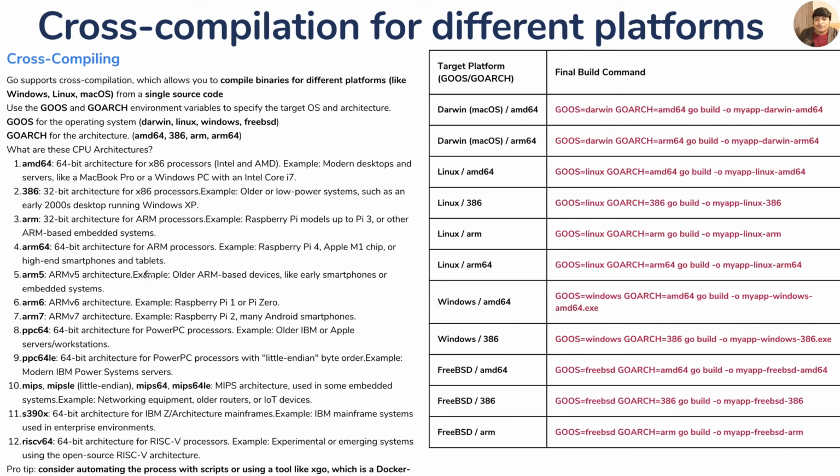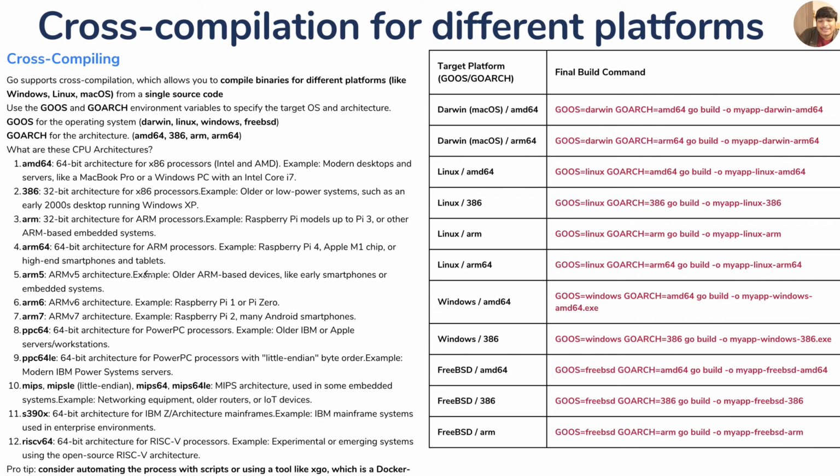Go supports cross compilation, which allows you to compile binaries for different platforms like Windows, Linux, macOS from a single source code. We use two environment variables. The first one is GOOS, the Go operating system, and the second one is the Go architecture, in short GOARCH. Using these two environment variables we specify the target OS and the CPU architecture. What are the GOOS operating systems that we support?